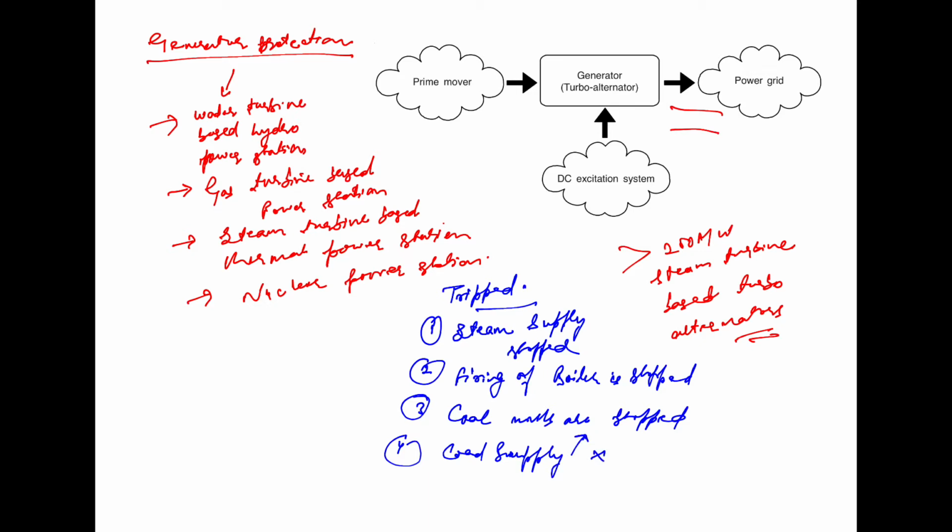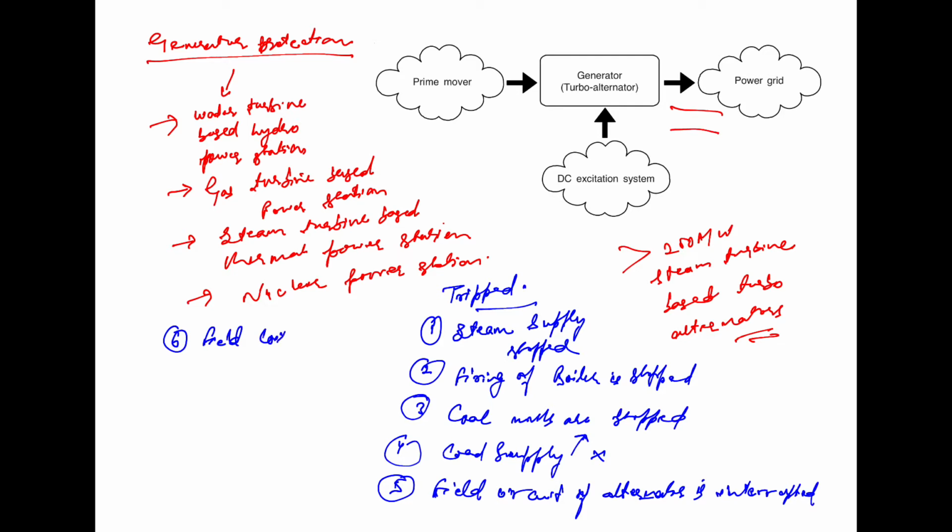Then the field circuit of the alternator is interrupted. Then the field coils are connected across a resistor to dissipate the energy.